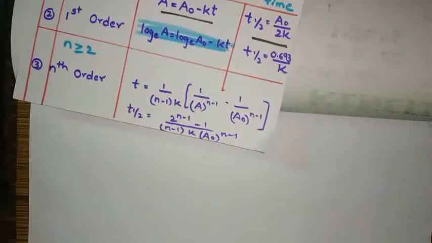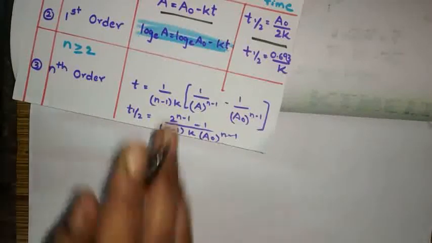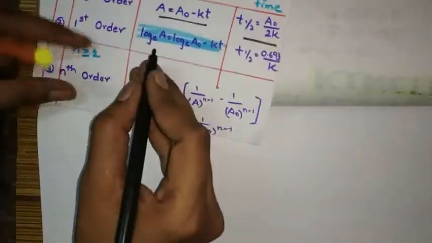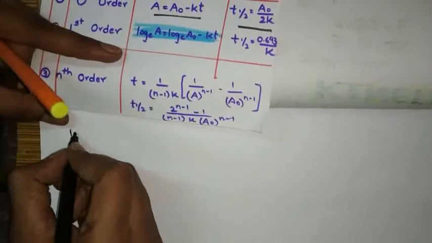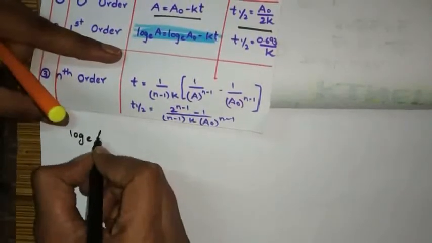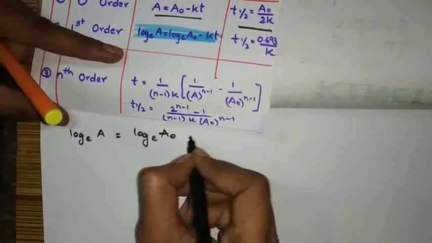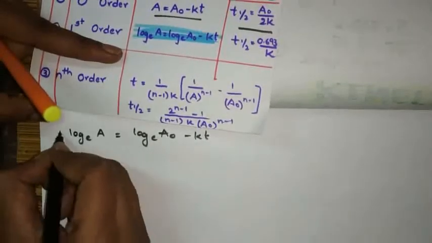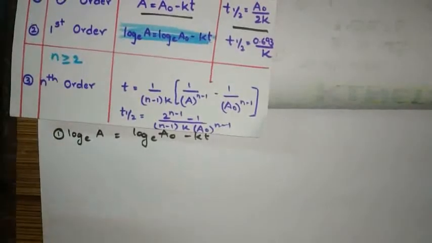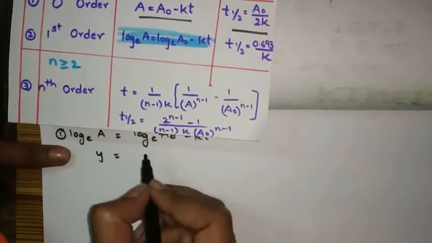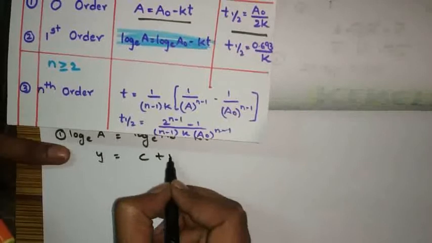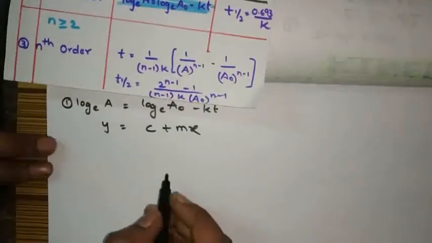Okay. See, first I'm going to draw the graph for this equation. Log A. First, try to compare this with y is equal to mx plus c, and draw the graph.